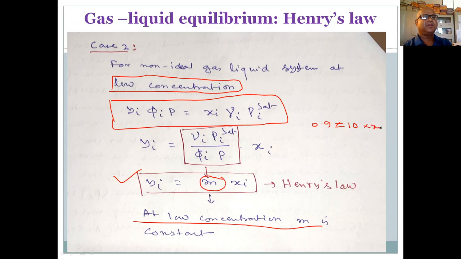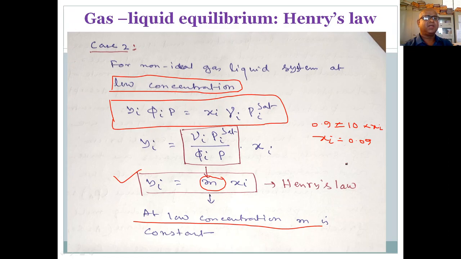So xi will be 0.09. So at equilibrium, if yi equals 0.9, xi will be 0.09, ten-fold less.